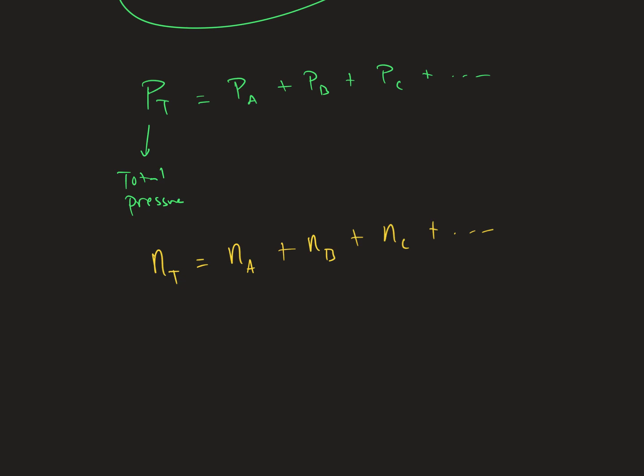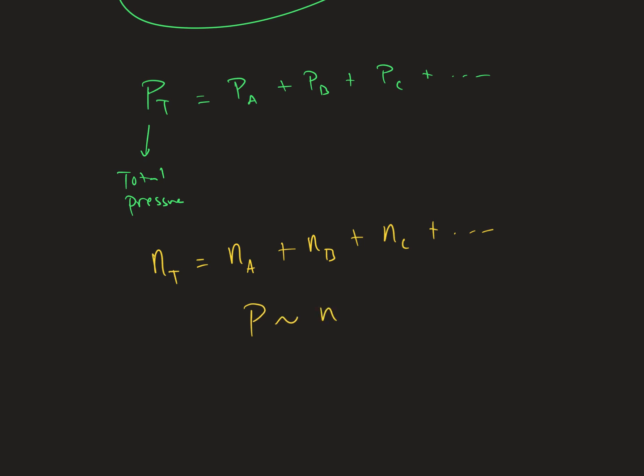Okay. What's the relationship between pressure and the number of moles? Let's say we get a balloon and we want to blow more in it. No, not a balloon. That's not good because the volume changes. Let's say we get a balloon that the volume doesn't change. And we add more air into it. What happens to the pressure if the volume doesn't change? It goes up, right? So pressure is directly related to the number of moles.